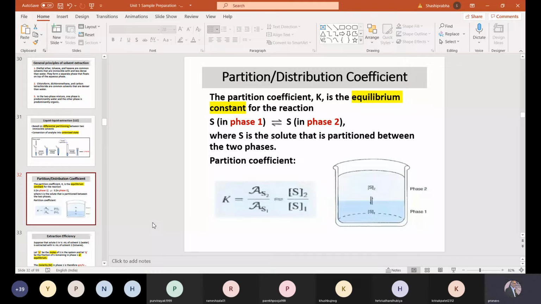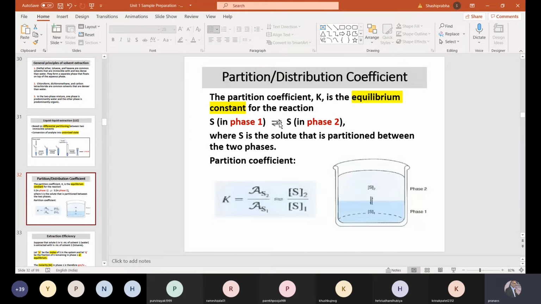When we distribute any analyte between two phases, this distribution is defined by some terms, and one such term is known as partition coefficient or distribution coefficient. These are the two terms which are used to define the partitioning of this solute S between two phases, phase 1 and phase 2. And this sign indicates that there is an equilibrium.